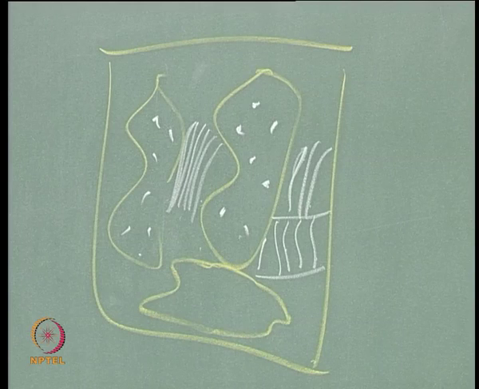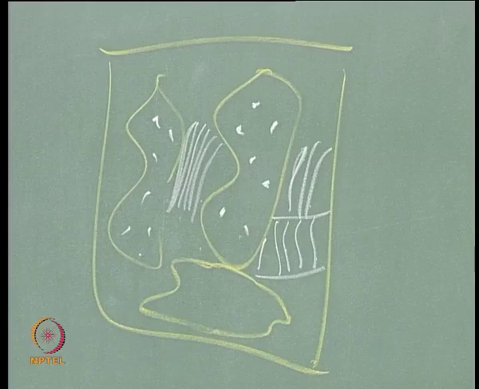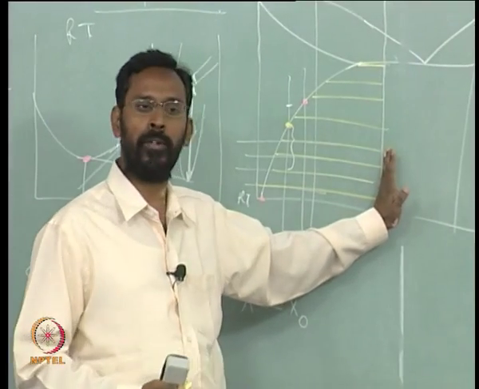But if you are talking of compositions to the left of it, and most of the precipitation hardening we are only talking about those compositions, we are actually not talking about this kind of composition.